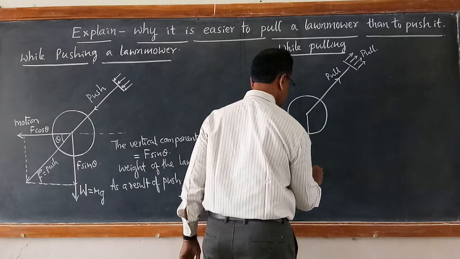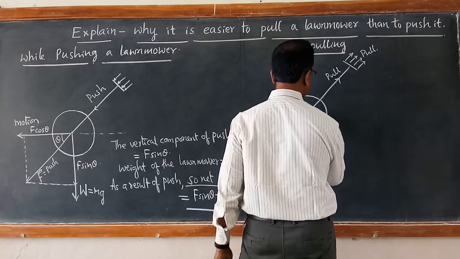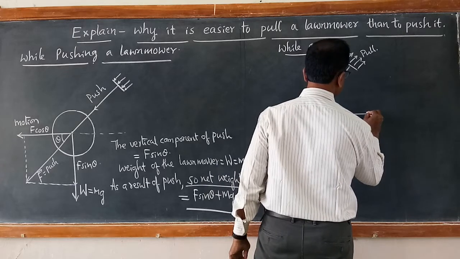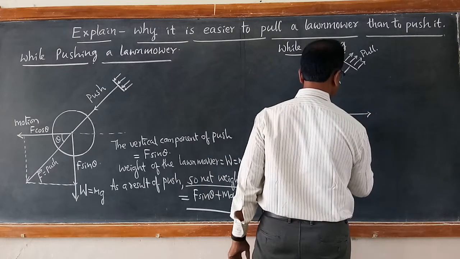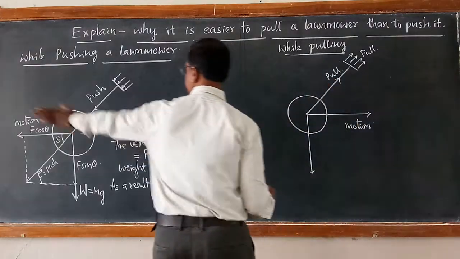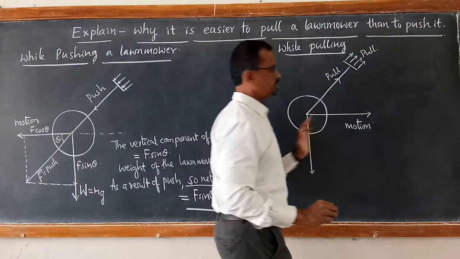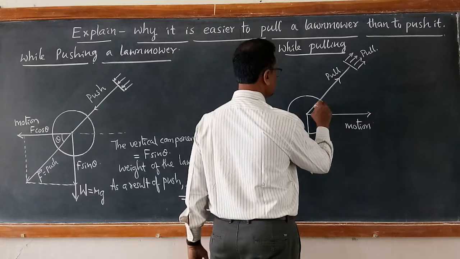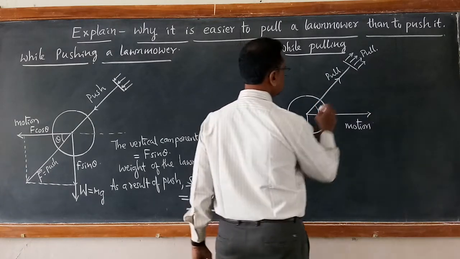you can see now, this is the direction of motion. Here the direction of motion is opposite. This is the direction of motion while you are pulling. So this is the angle theta. Now resolve the components of pull.